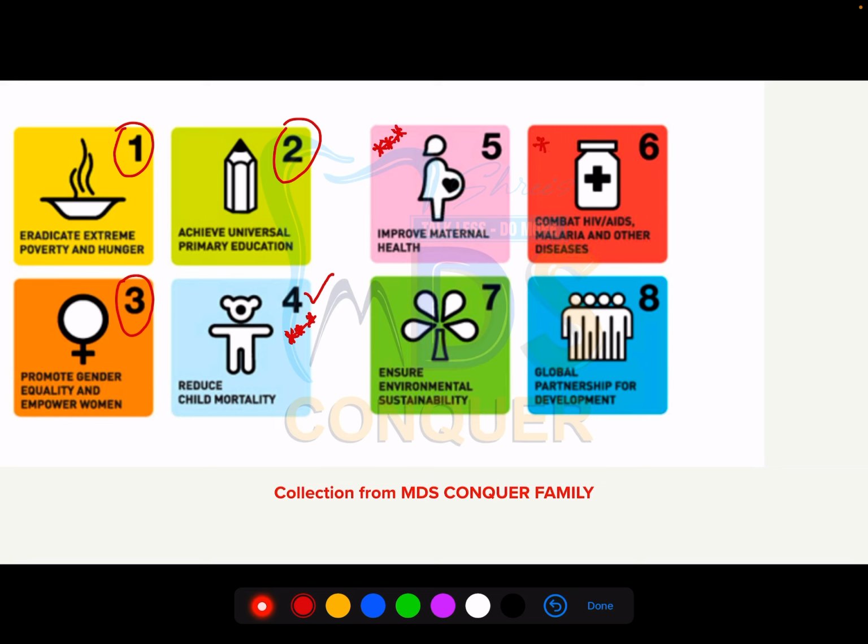Goal six is again a health related goal, which talks about HIV, malaria and other diseases. Goal seven is environment related, and goal eight is global partnership for universal development. So out of these, goals 4, 5, 6 are health related. You have 8 goals, of which 3 are health related.